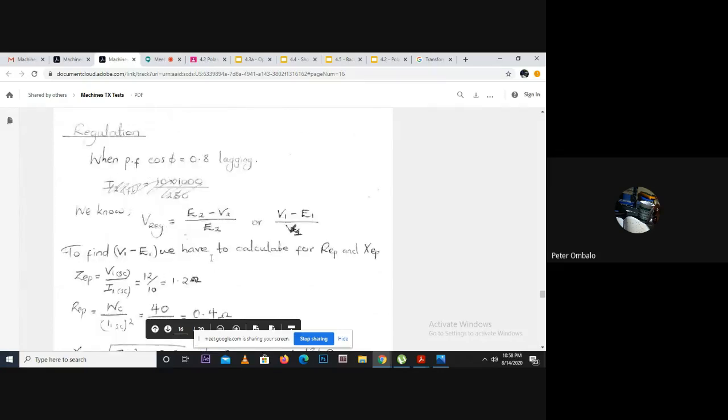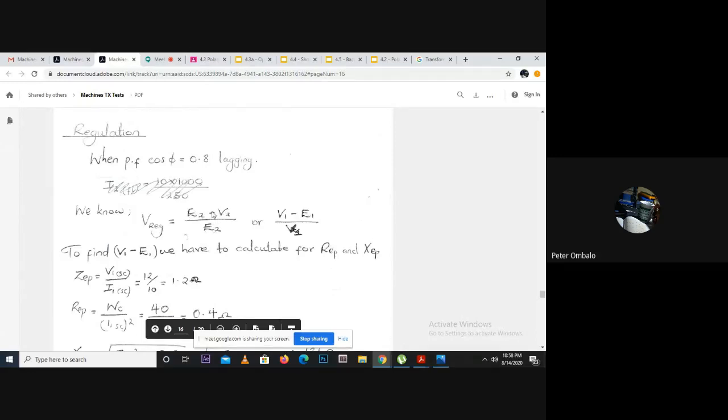The regulation. Okay, so I had a bit of a problem here because the formula we gave for regulation was a different one, but it is still the same thing if you look at it keenly, because in this case, E2, if you subtract V2, it's going to be the voltage between the copper loss component or the short circuit components.